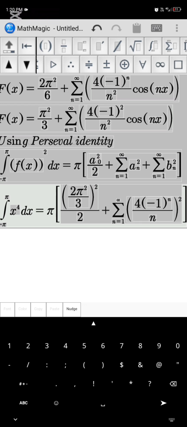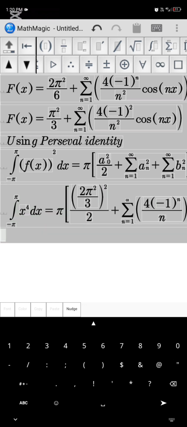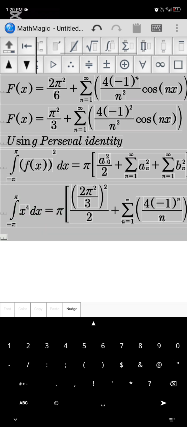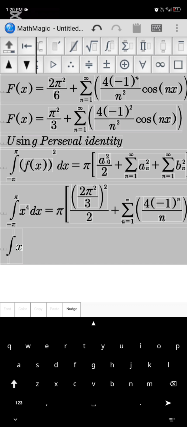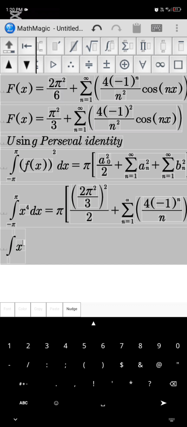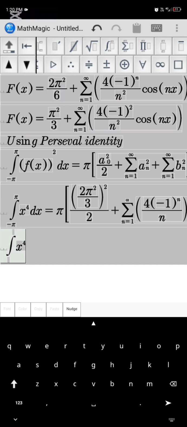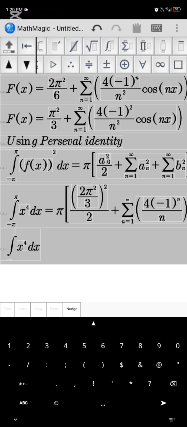All right, so if we simplify this further, we're just going to have the integral from minus pi to pi of x raised to the power of 4 dx.